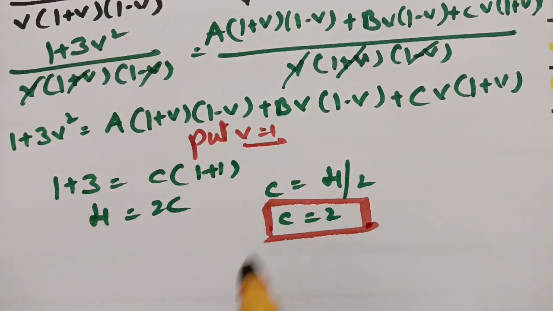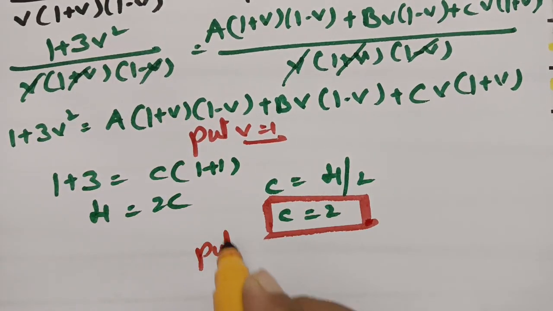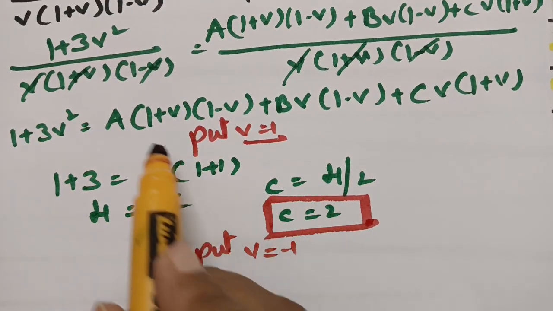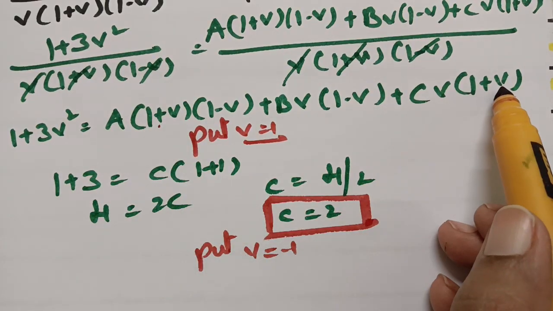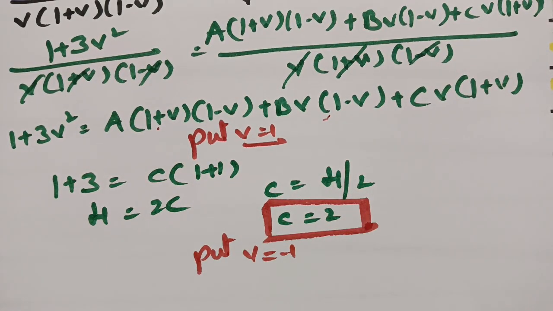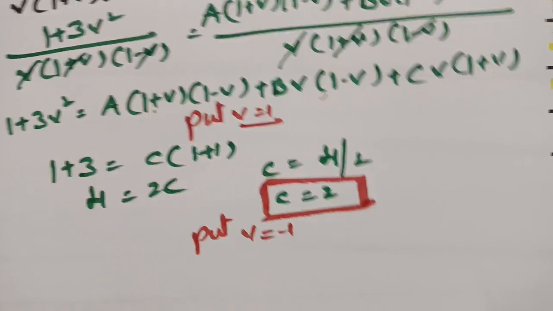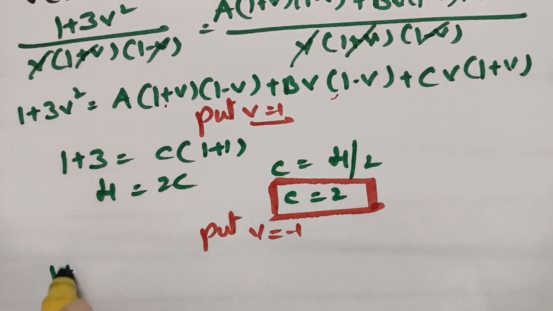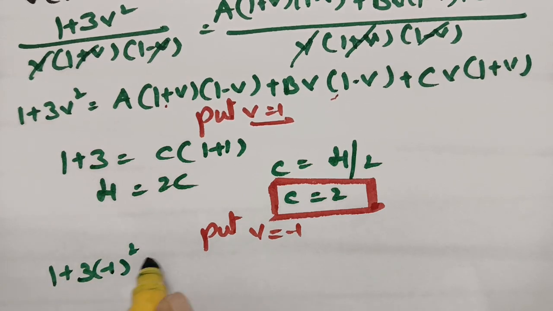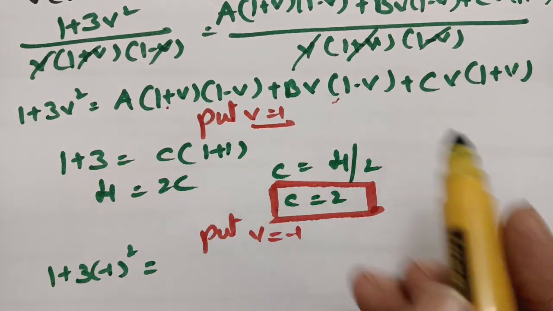And next, in the same equation, if I keep v is equal to minus 1, then this will become 0 and this will become 0 and only the b value remains. So if I keep v is equal to minus 1, see what happens. This will become 1 plus 3 into (minus 1) whole square, so this is going to become 0.